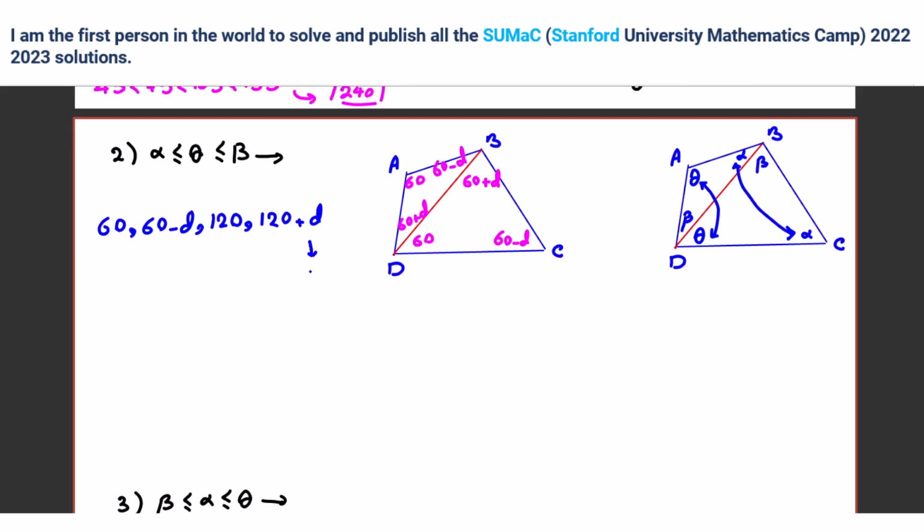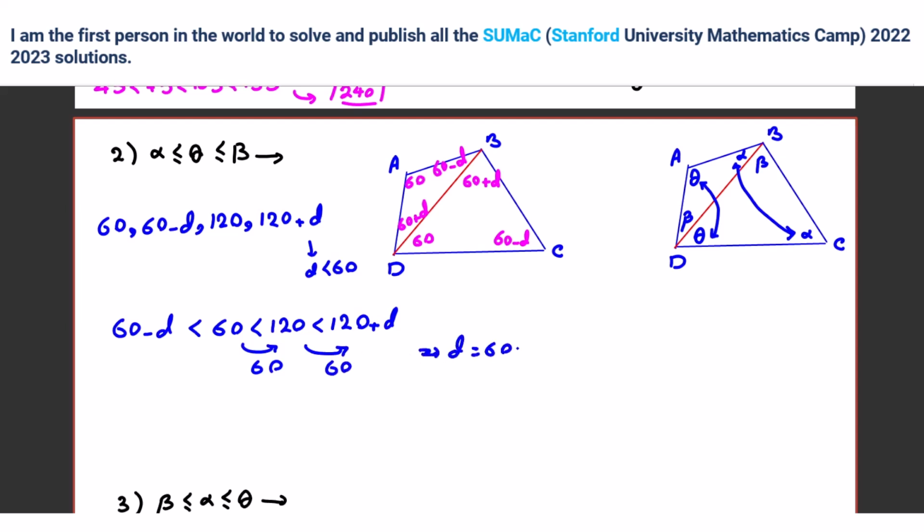From here, we know d is less than 60. We know the smallest one is 60, and then 120, and then 120 plus d, right? But then we reach a contradiction, no? Because the only way this would work as a sequence is if d equals 60. So this one also should be 60. So d is 60, and that's a contradiction, right?